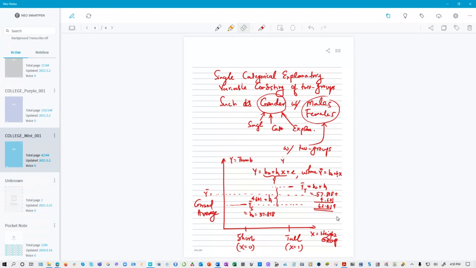You can say y hat is B naught, which is y bar short, plus B1, which is y bar tall minus y bar short, times x. Another way to look at it. There are several ways you can get this done.